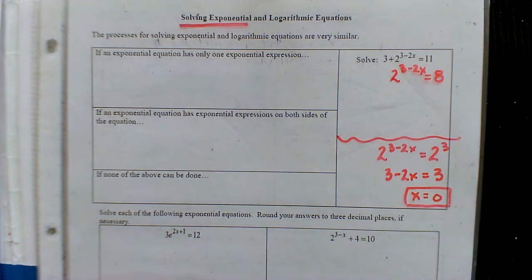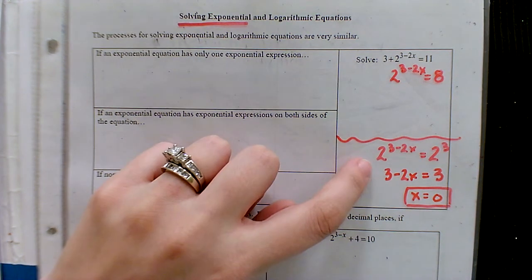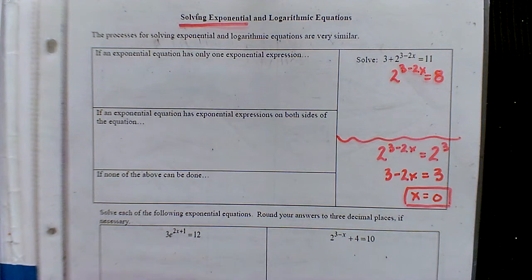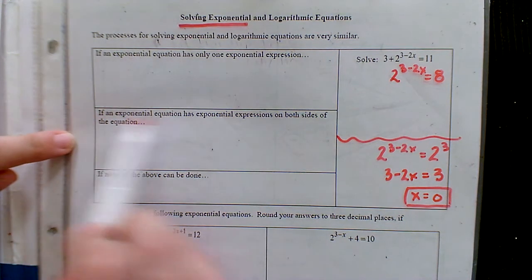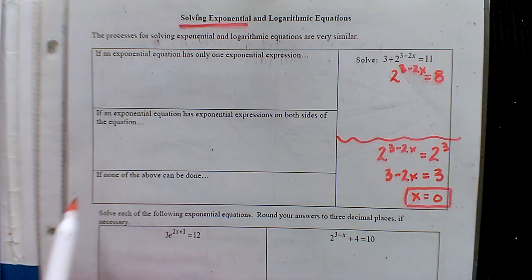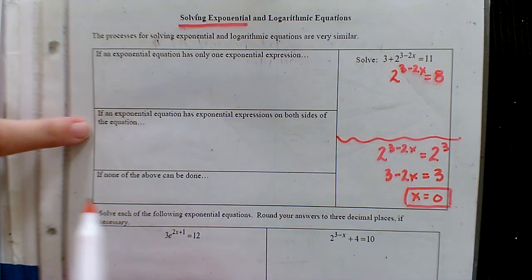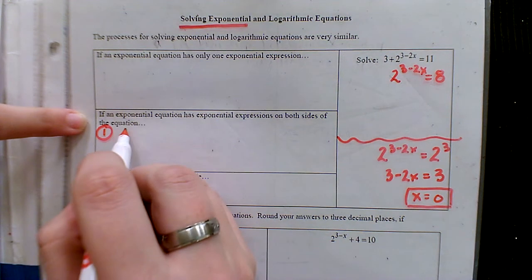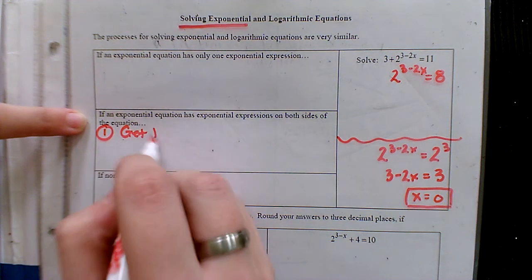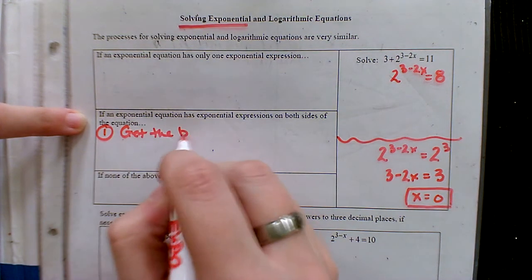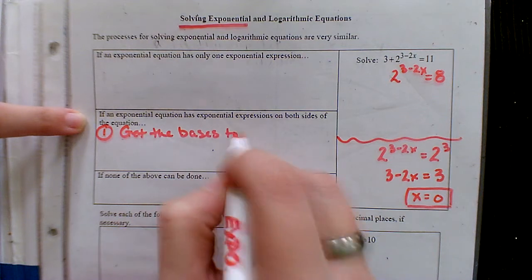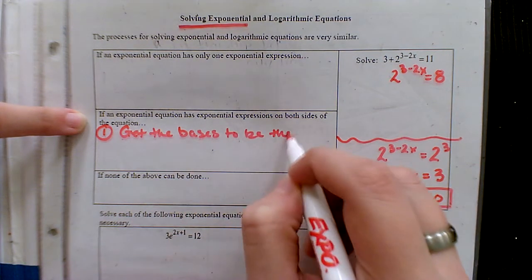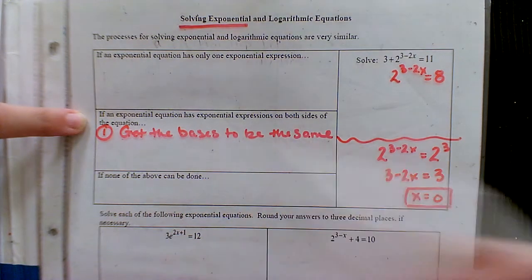Okay. Not a surprise to me, at least, that this is what most of you wanted to do because that's what we're used to doing. That's what we did in the last unit. So we're going to go ahead and write down those steps that you took. I know some of us are procedural. You like steps when you reference your notes. So we're going to write down those steps that we did here. We get the bases to be the same.